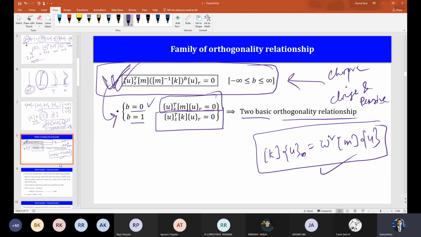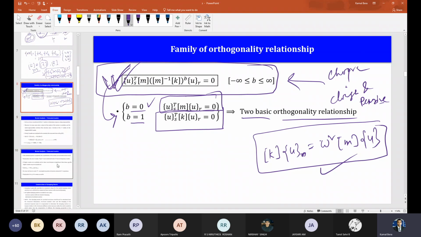So I've spent a lot of time on this. These are all simple things that you understood, right? Last time I asked that I hope everybody has understood the orthogonality relationship, the eigenvalue problem, and the mode superposition method.